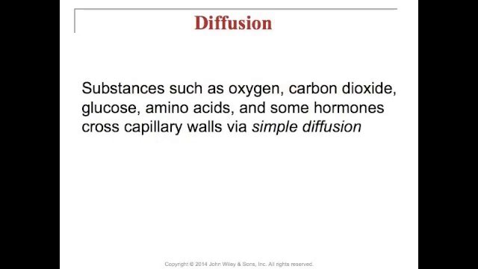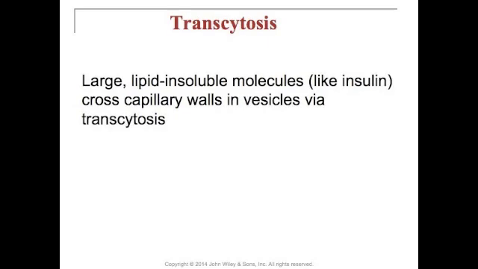So as I said, I'm not going to spend a lot of time on diffusion, but substances such as oxygen, carbon dioxide, glucose, amino acids, and some hormones cross capillary walls via simple diffusion. As I said on the previous slide, large, insoluble molecules like insulin cross capillary walls in vesicles via transcytosis.